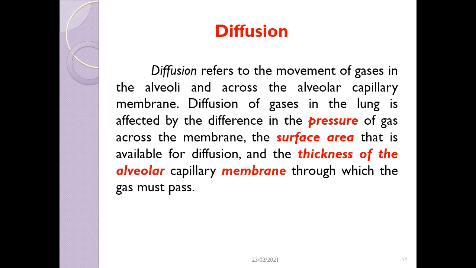Diffusion of gases in the lung is affected by three important factors. The first is the difference in the pressure of gas across the membrane. As you remember, we talked about the importance of the difference of pressure in the pulmonary system.